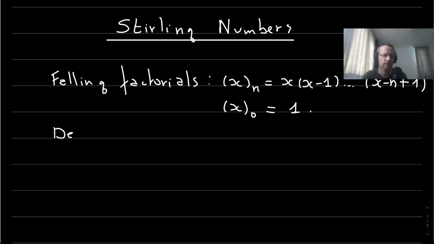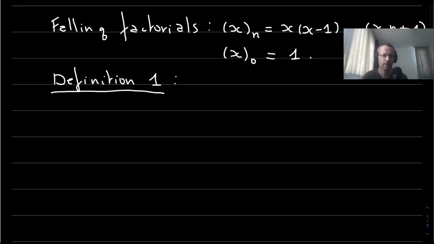And then we get to our first definition of the Stirling numbers. There are two classes of Stirling numbers. One tells us how we go from one basis of the polynomials in x to another basis of the polynomials in x.